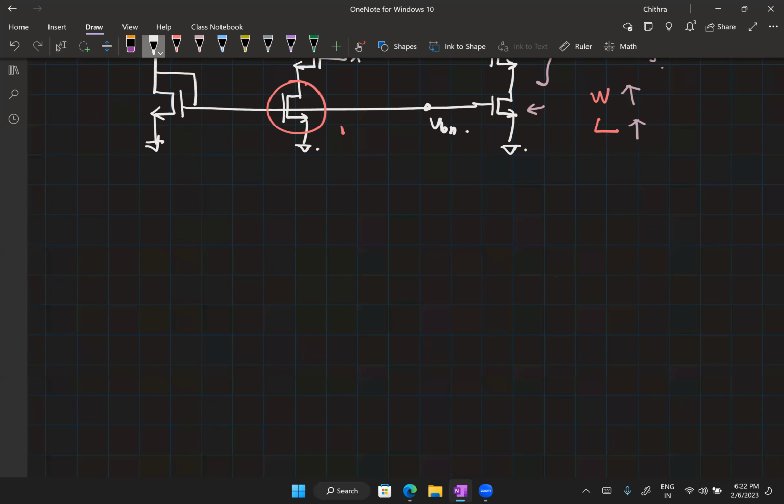What about a buffer? If I take a VCDU, a voltage controlled delay unit, again, I have the choice of increasing the width as well as the length. What would you prefer? This is sort of a trick question because it actually depends on how you implement. But in general, we tend to increase the width more than the length.